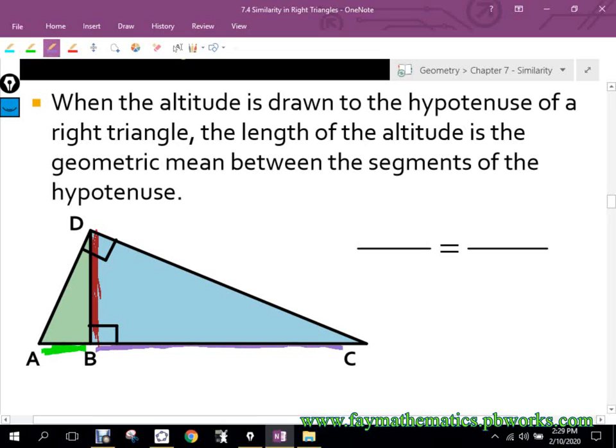So we got that green segment and that purple segment. What this corollary says is that the distance of DB, that altitude, is a geometric mean between the green distance AB and the purple distance BC.